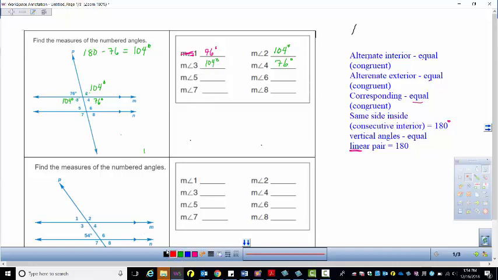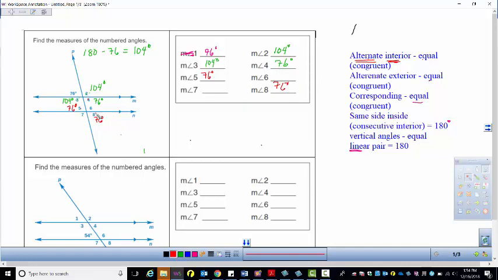Now that I have that, I have to use one of my special pairs. I'm going to start with alternate interior. They're on opposite sides, like 4 and 5. If this one is 76, that means angle 5 is also 76. And then I know that 5 and 8 are vertical, so 8 is 76.